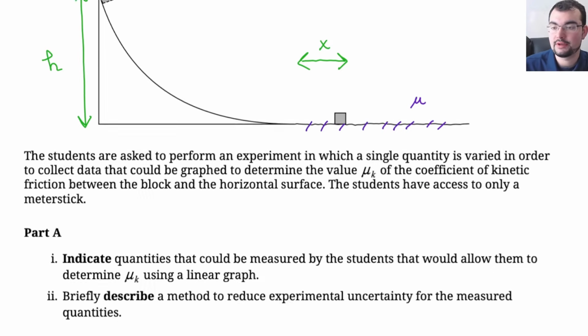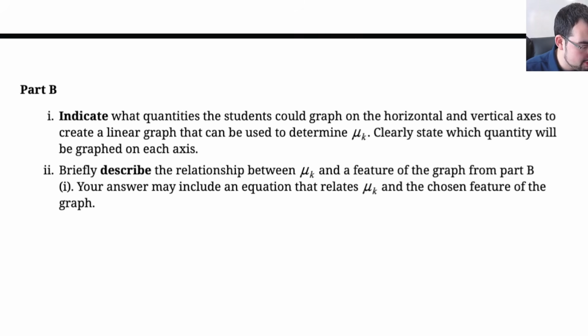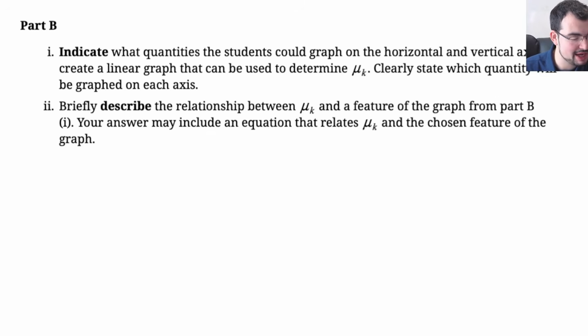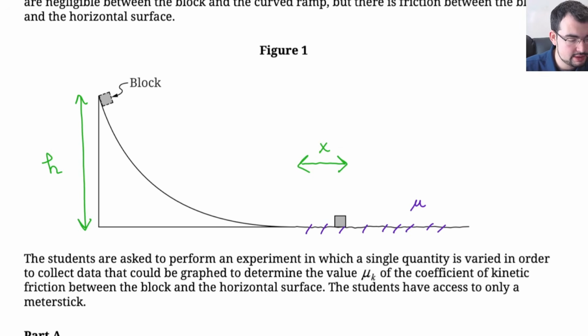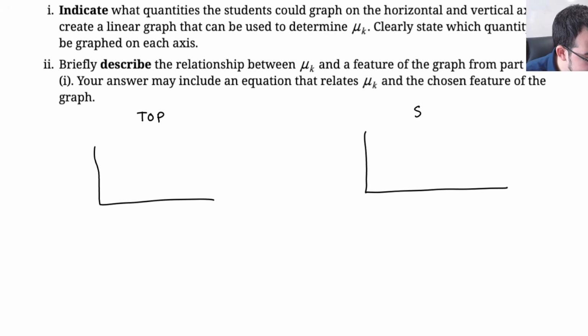All right, so now let's analyze it. How can we make a graph? And how can we get mu from that graph? Well, anytime you see height change, it's probably energy. So if we think about energy, when we're at the top of the ramp, the energy of the system is mgh.